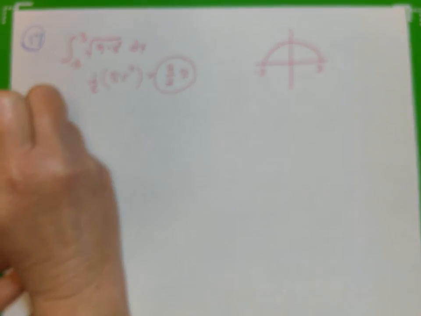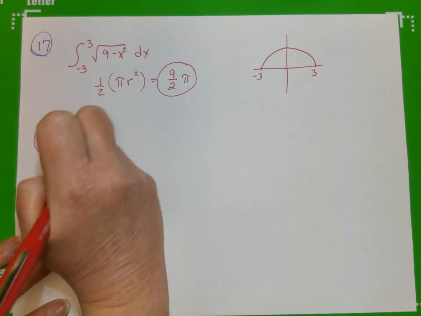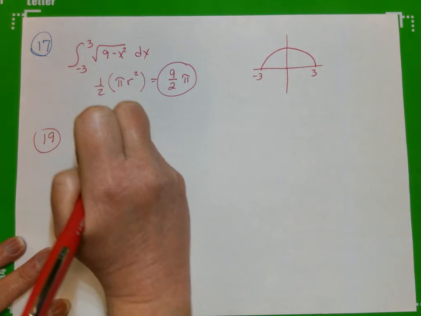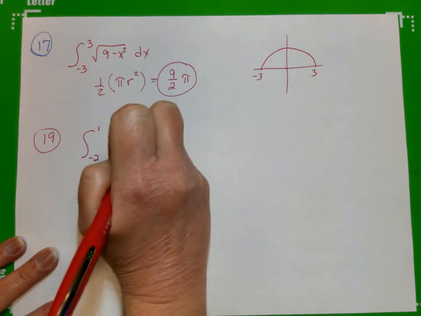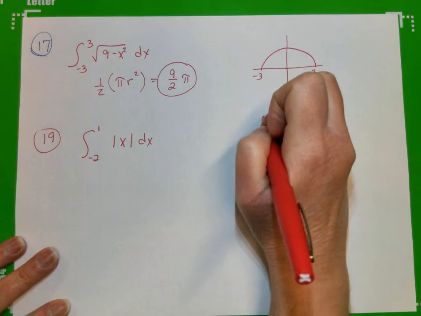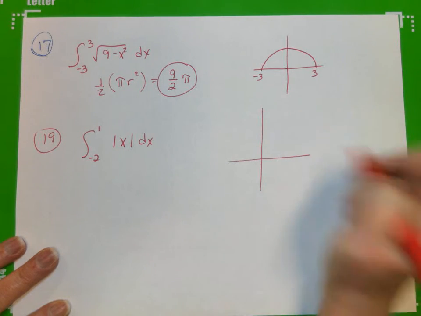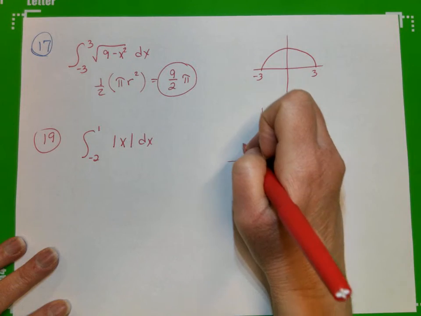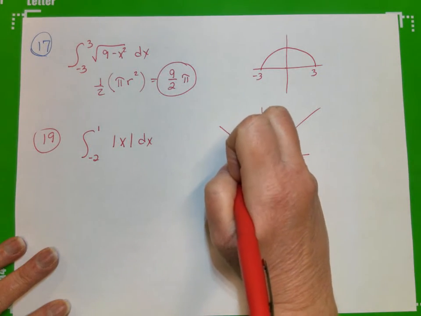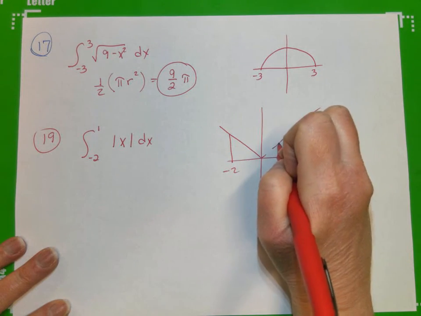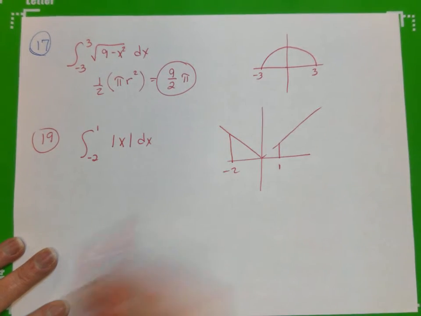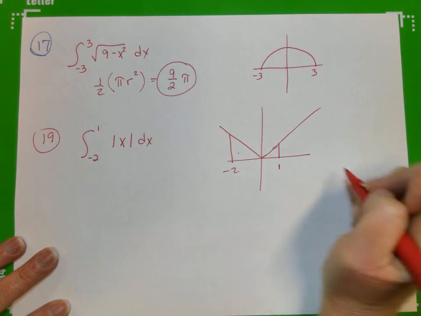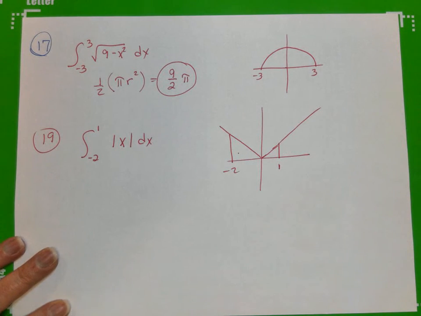Let's look at another one. How about number 19? It says we want to find the integral from -2 to 1 of the absolute value of x dx. Now let's see what that looks like. If I draw a picture, absolute value does this. It says I want to go from -2 to 1. I see a triangle over here and I see a triangle over there.